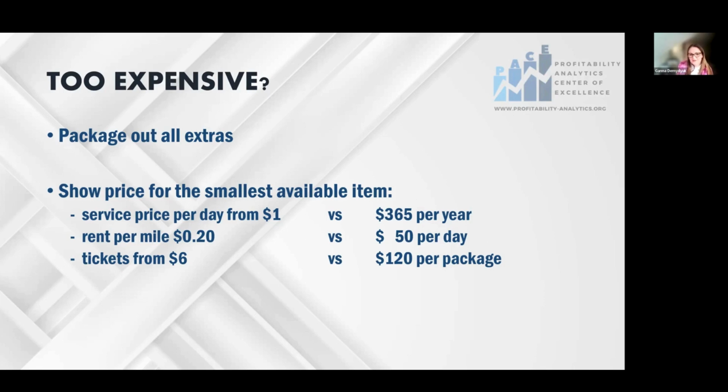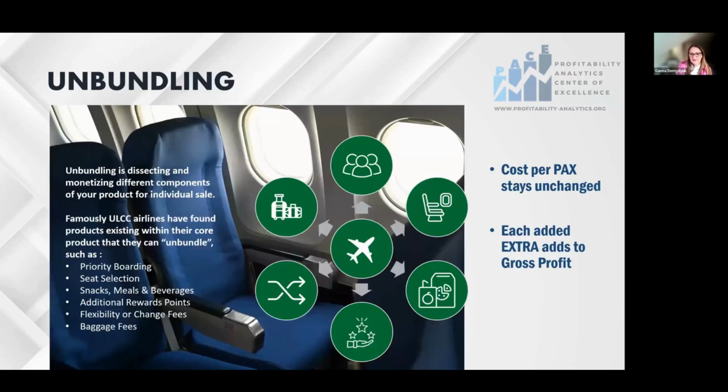If you rent my truck, you only pay 20 cents per mile, instead of $50 per day. Or with an airline ticket, you only need to pay $6 to get from A to B, while the actual price for the trip is $120 at least. This packaging out of extras is exactly the opposite approach to bundling, and we call it unbundling.